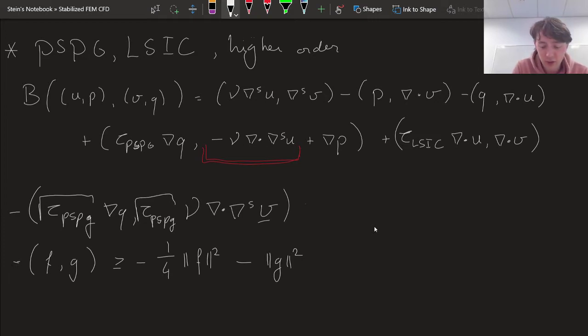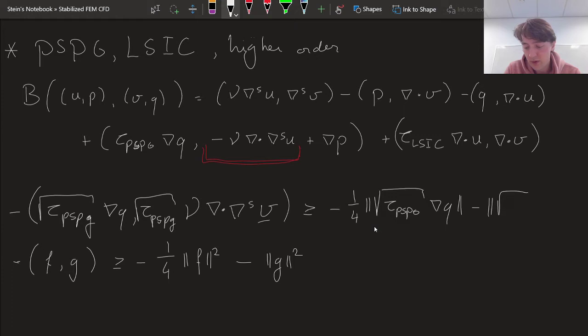And if I then use Young's inequality, well, then this is going to be bound from below by minus a quarter of the norm of the square root of tau PSPG on the gradient of Q, and minus just the norm of the square root of tau PSPG times nu times the divergence.